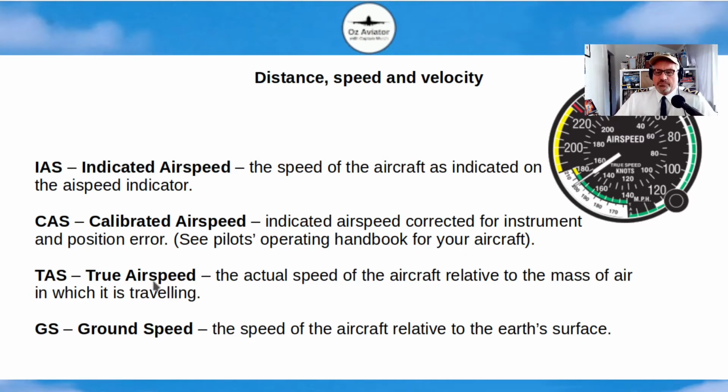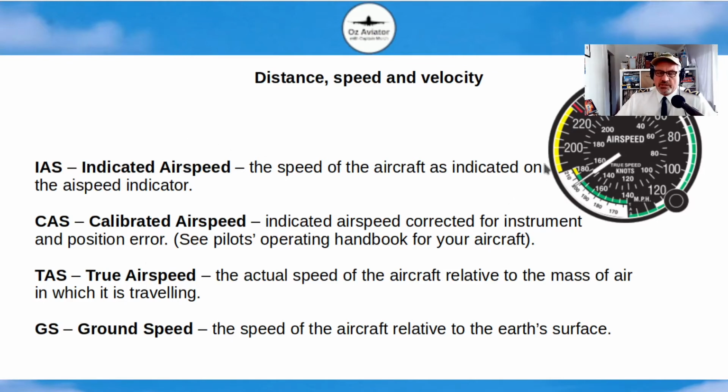Now, true airspeed is the actual speed of your aircraft relative to the mass of air in which the aircraft is traveling. So, true airspeed varies. If you're at sea level and in standard conditions, your true airspeed is going to be fairly close to your indicated airspeed.